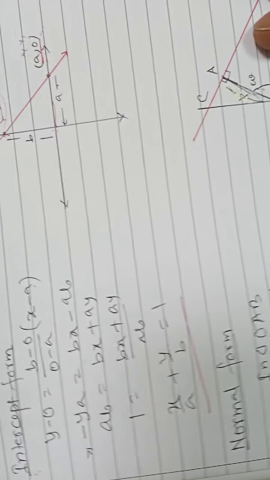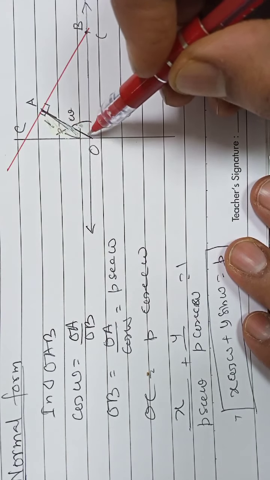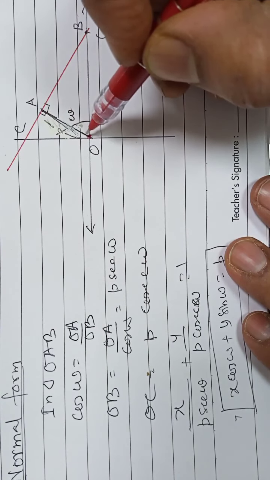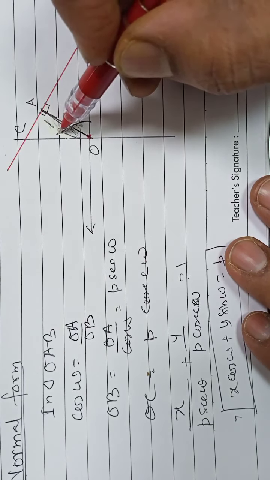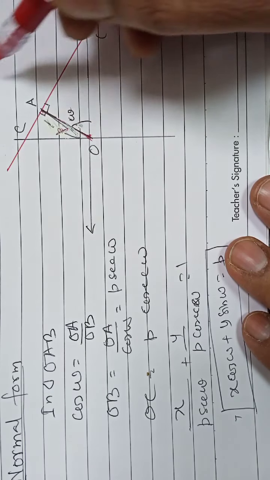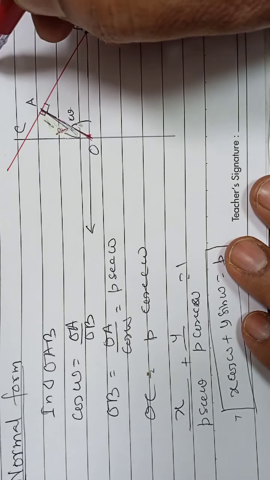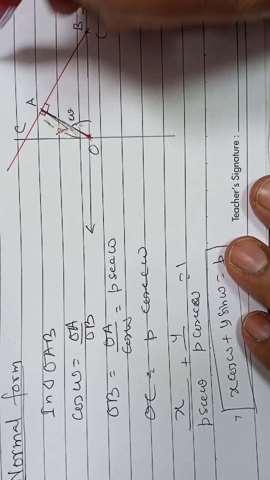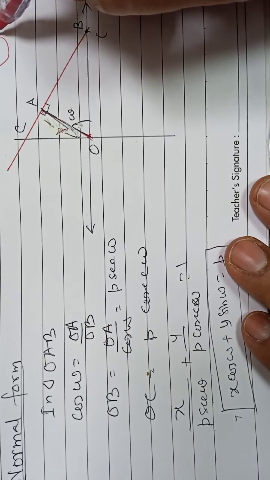So one more form, the last one, the normal form. The equation of a line whose perpendicular distance from the origin is p. A normal is any line perpendicular to the tangent of a circle at the given point.